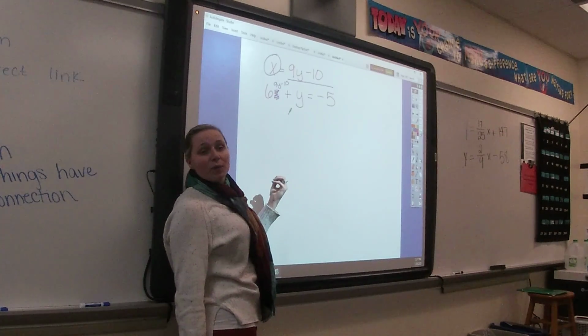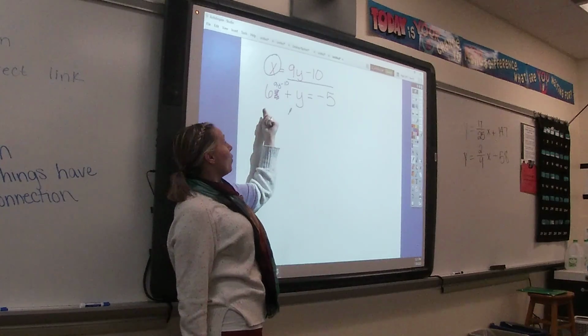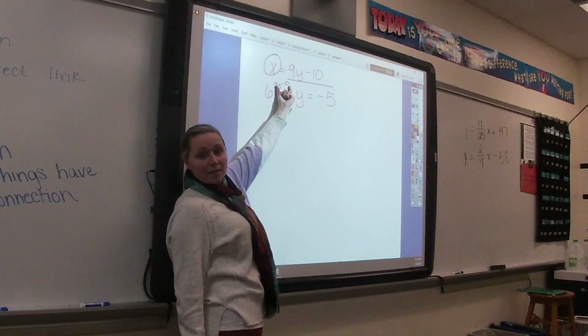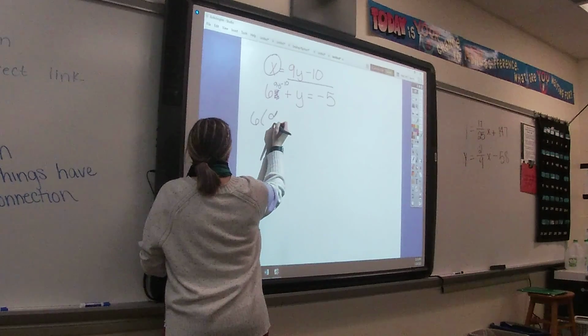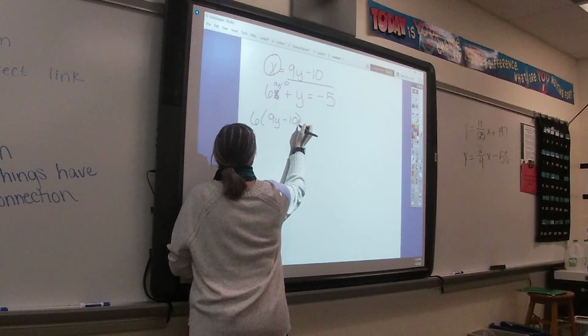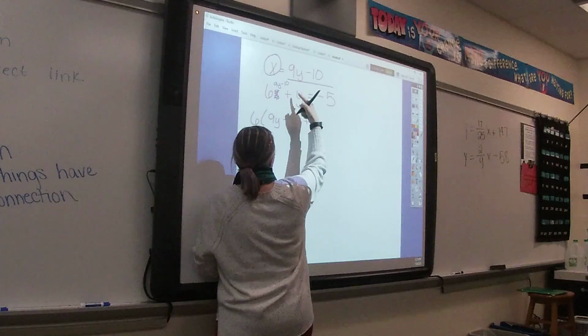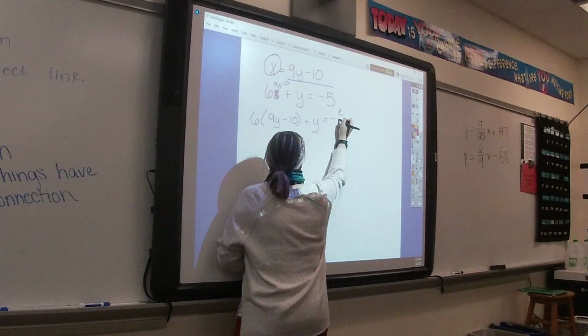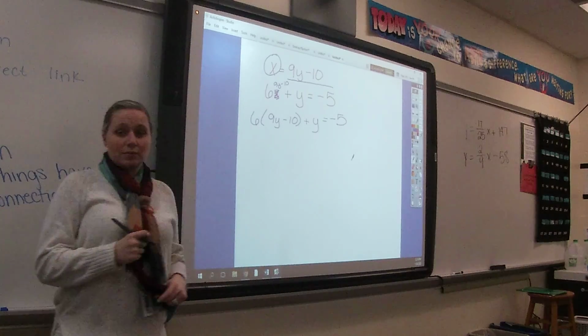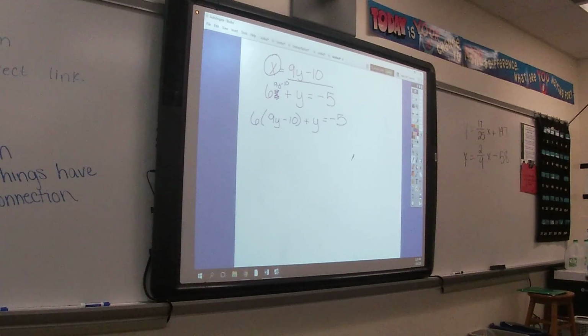Multiplication. How do we represent multiplication between one number and then a set? Parentheses. So this is going to become 6 times (9y minus 10), and then I'm just going to keep writing, plus y equals -5. I never said these problems would be short. They take up some amount of paper.